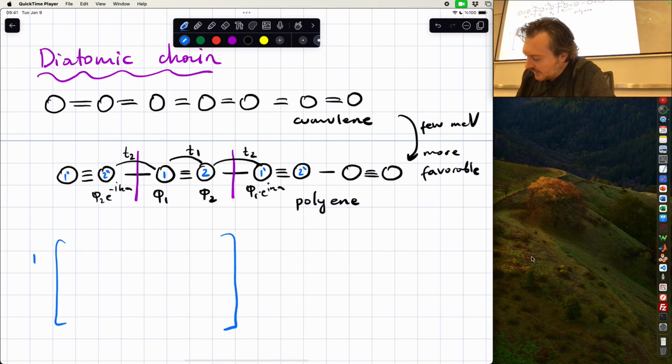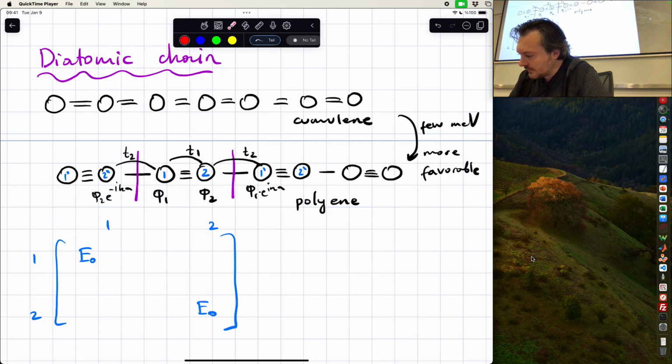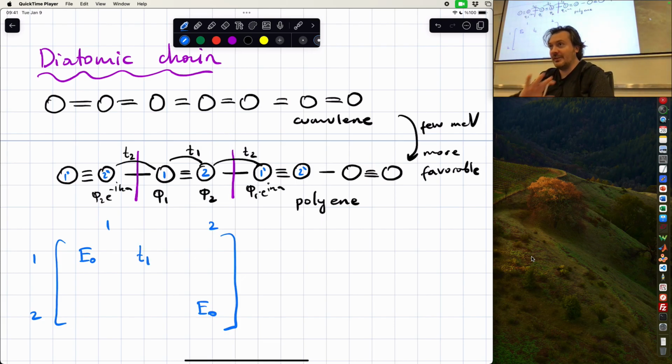In the 1,1 position, you write E0. In the 2,2 position, you write E0. Then there is 1,2. 1 interacting with 2, what do we have here? Let's be careful. 1 interacting with 2 has T1, and that's it. Just T1.